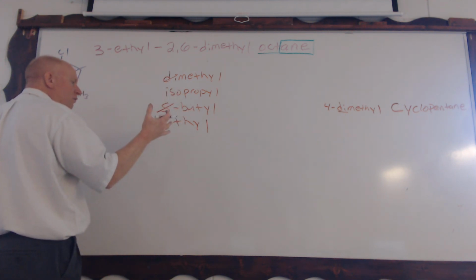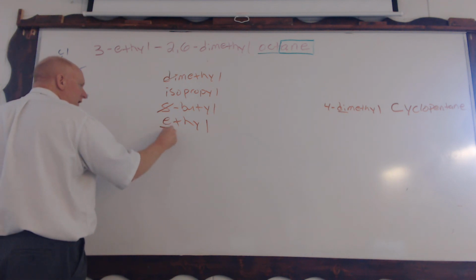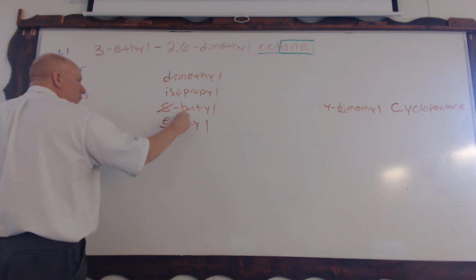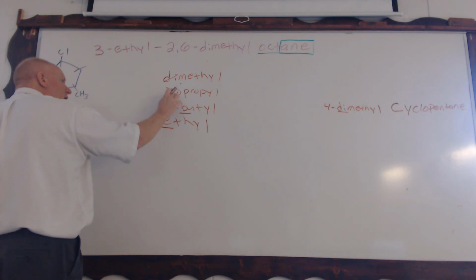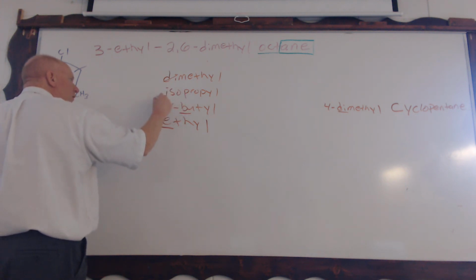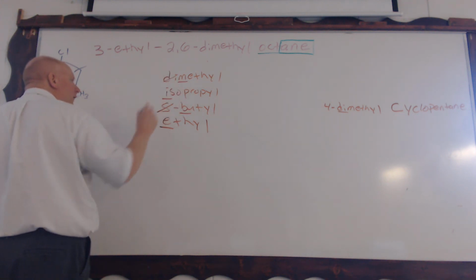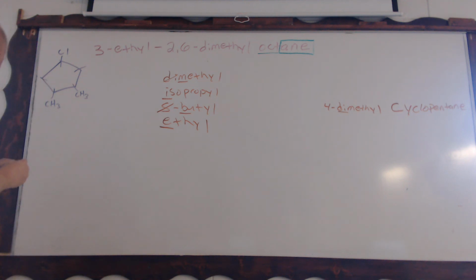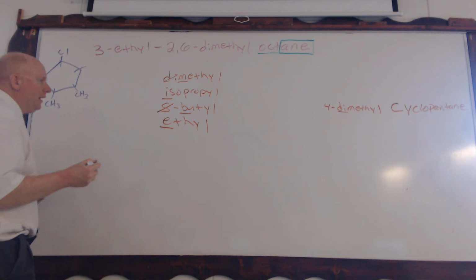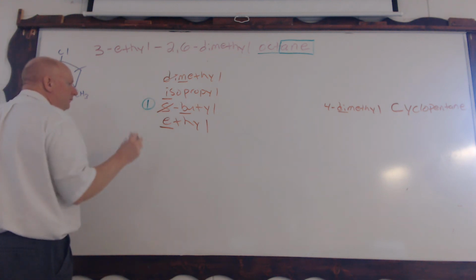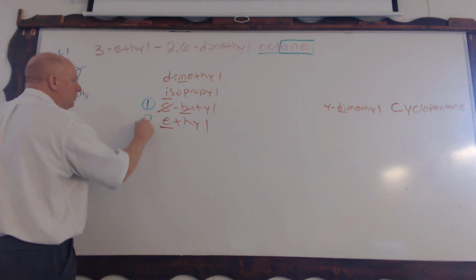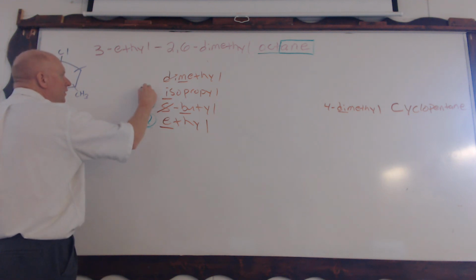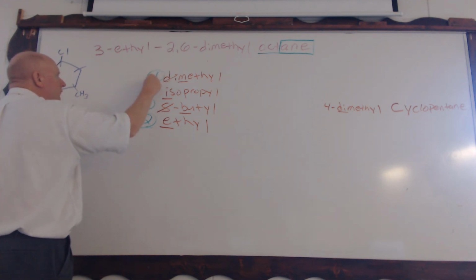Now we go to the derivative names. We've got E. We've got B for butyl. We don't disregard the isopropyl or isobutyl, so it's I. And then here we have our M. So the order, because of the alphabet, is this one is 1, this one is 2, this one is 3, and that one is 4.